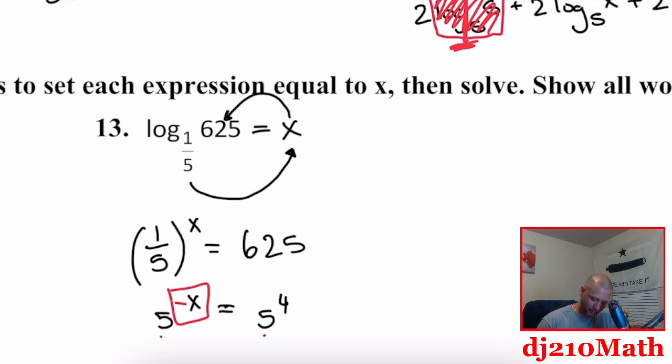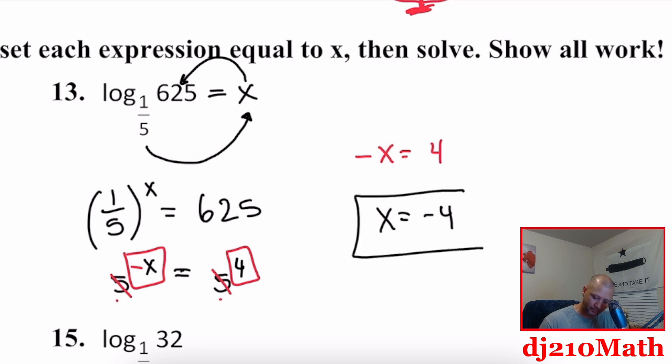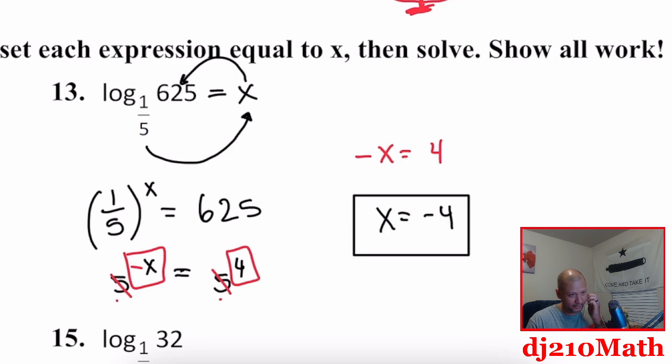This exponent is equal to that exponent, because we don't care about the 5s. So this is going to be negative x is equal to 4. And just moving the negative symbol, x is equal to negative 4. Final answer. All right.